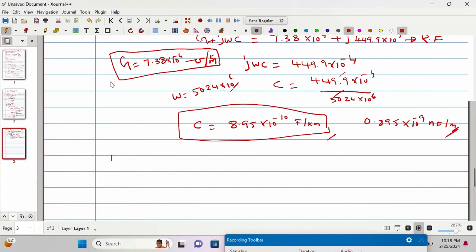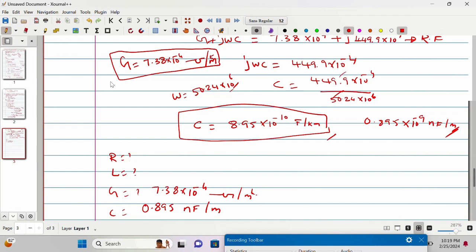So now we have to write the R, L, G and C values. The C value is 0.895 nanofarad per meter. The G value is 7.38 into 10 to the power of minus 4 mho per kilometer.